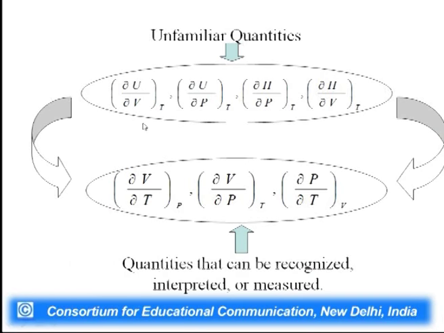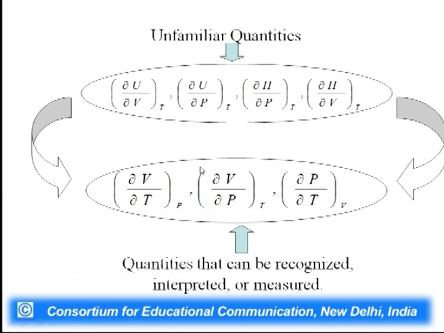For example, you will come across del U by del V at constant T, del U by del P at constant T, del H by del P at constant T. This kind of quantity you will come across, and we want to derive this in terms of del V by del T at constant P, del V by del P at constant T, or del P by del T at constant V. Now the question is, why do we want to express these different derivatives in terms of these derivatives?